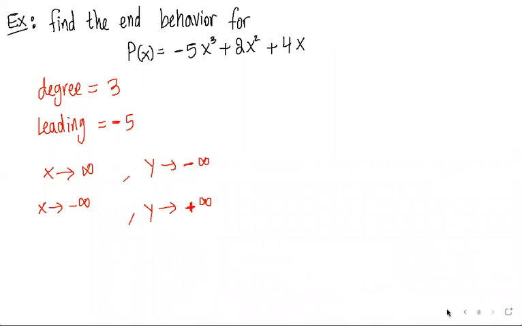Just using the rules like before. How is the graph? The graph will be something like this. It's not exactly the same, but similar to this.